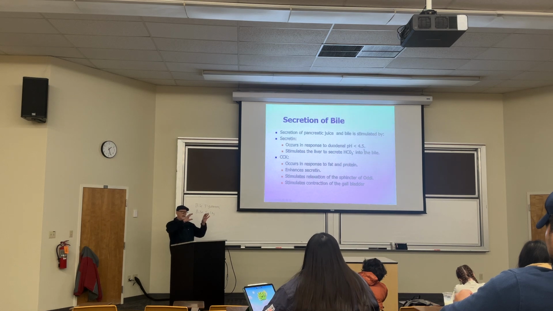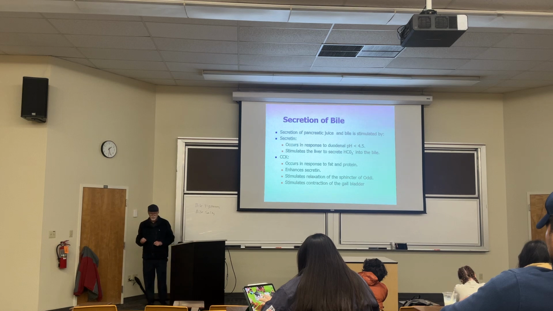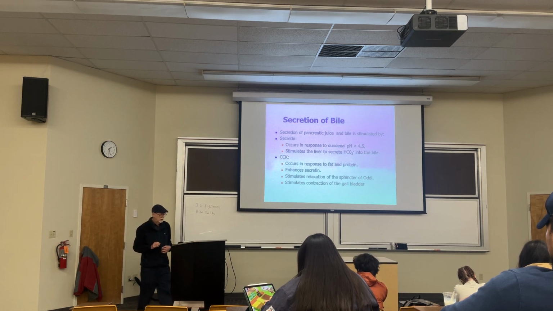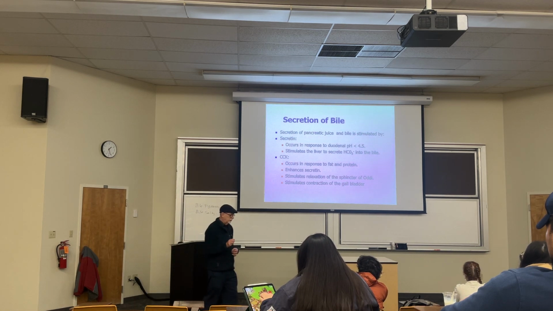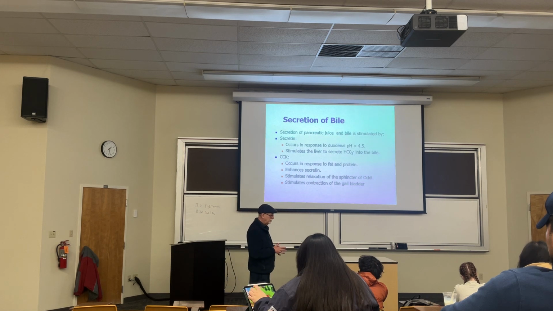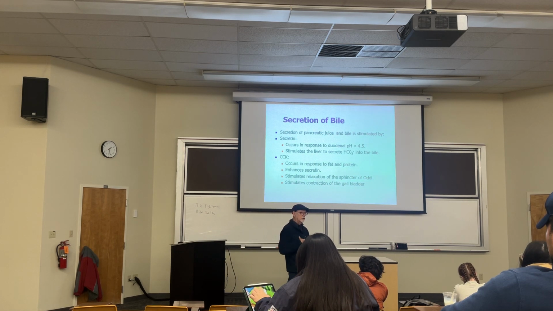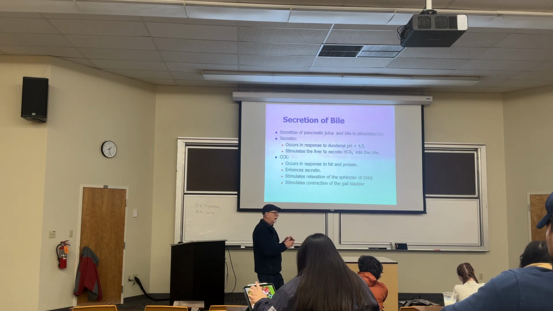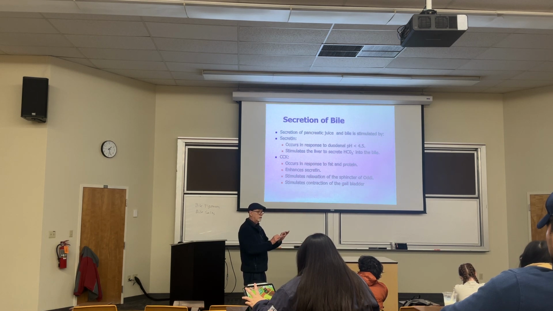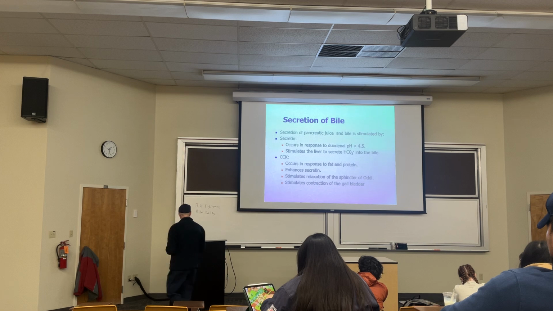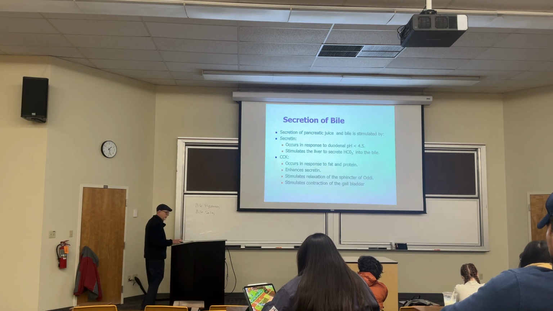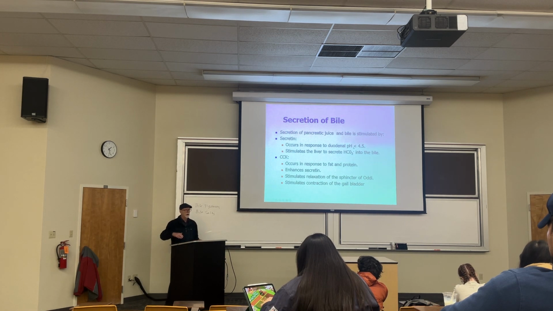In other words, the acidic chyme coming from the stomach into the duodenum is making the pH lower, more acidic, and that will stimulate secretin from the intestinal cells to go into the blood and cause the pancreatic bicarbonate fraction to be secreted into the duodenum to help neutralize this, to help raise the pH. So that's what it's doing. It also puts bicarbonate into the bile.